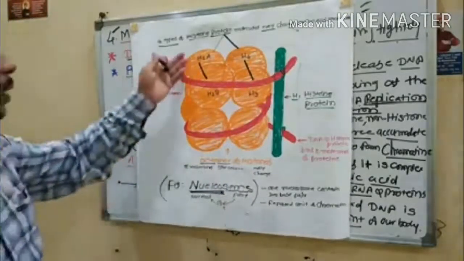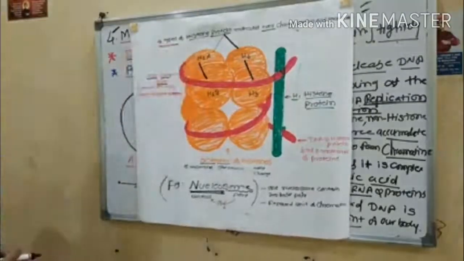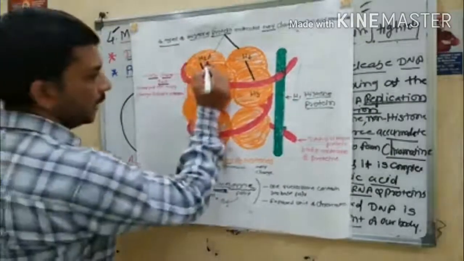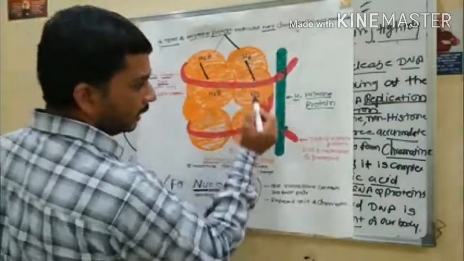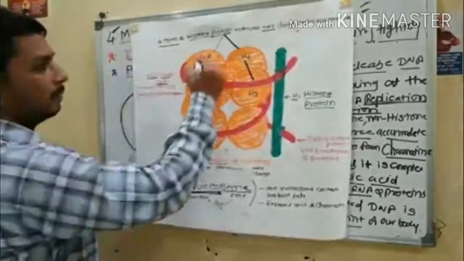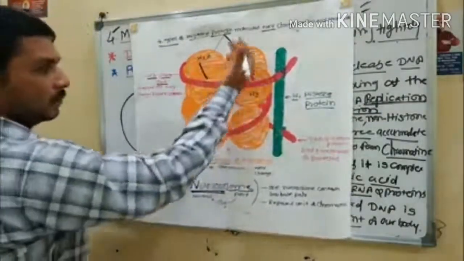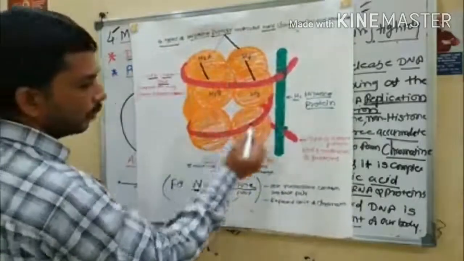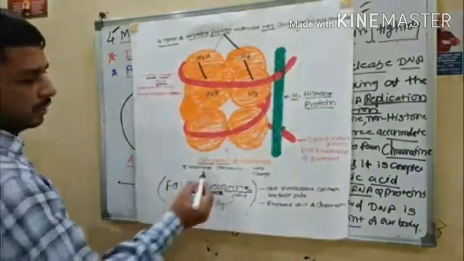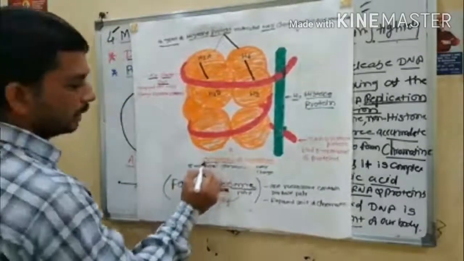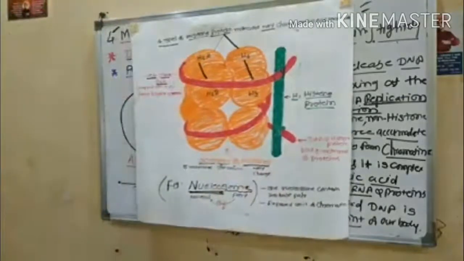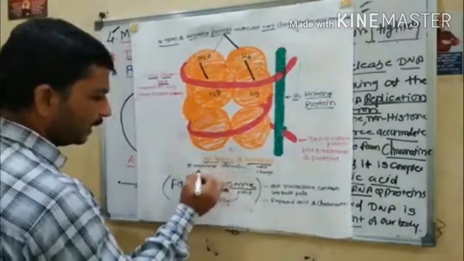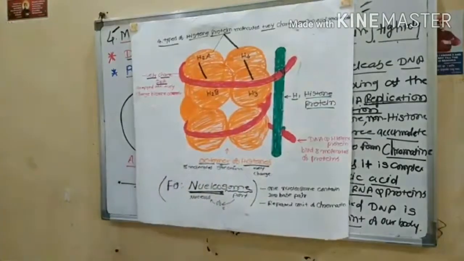The four types of histone proteins are H2A, H2B, H4, and H3, and they bind to each other to form an 8 molecule structure, called the octamer of histone. Why do we call it an octamer? Because it contains 8 molecules inside.